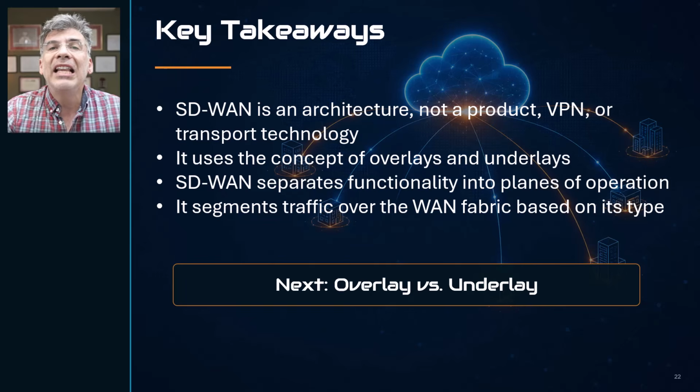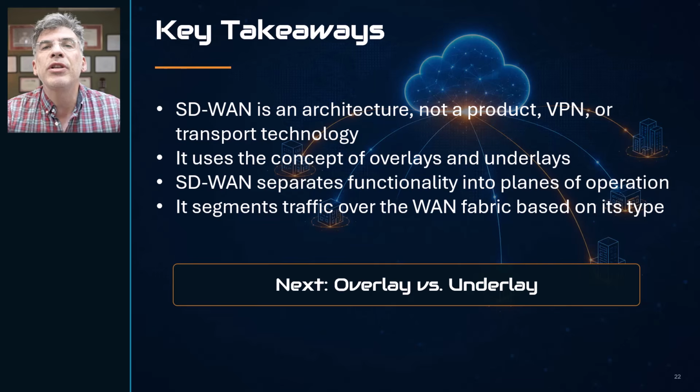It also allows system-wide policies, application-aware routing, and security policies across the whole WAN. So SD-WAN should be understood as an architecture for building and controlling the modern WAN. In the next video, we will look at one of the most important concepts in SD-WAN, the difference between the underlay and the overlay. Once you understand the underlay and overlay, many SD-WAN concepts become much easier to understand.